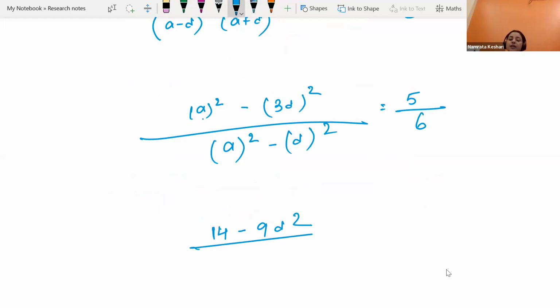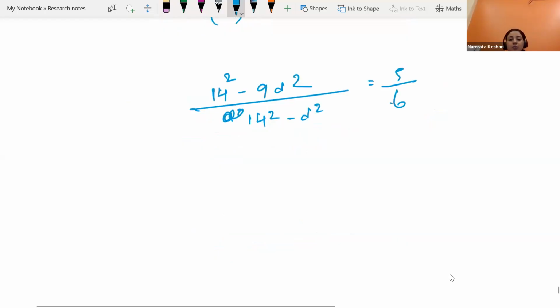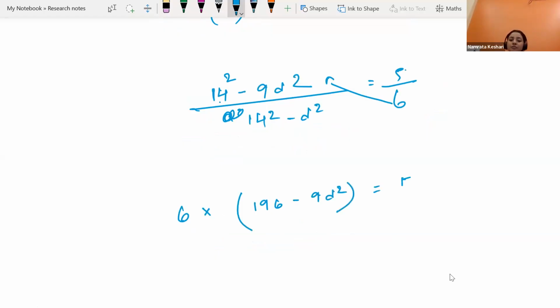Let's find it. Okay, 14 square minus 9d square over 14 square minus d square is 5/6. Now the denominator will go over here and get multiplied, so 6 we need to multiply with 14 square, which is 196, minus 9d square, and here we are having 5 that will get multiplied with this one and go to the other side.